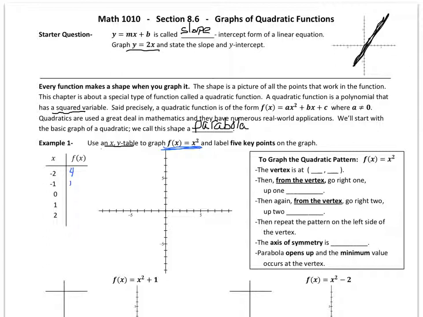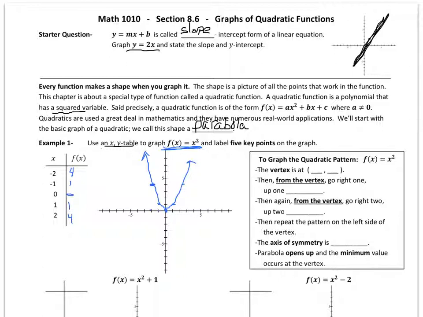What's 0 squared? What's 1 squared? What's 2 squared? Okay, let's plot those points. So we have -2 and 4. We have -1 and 1, 0 and 0, +1 and 1, +2 and 4. So it's going to look like that. And that is the shape of a parabola. Okay? So, easy enough? Okay with that?